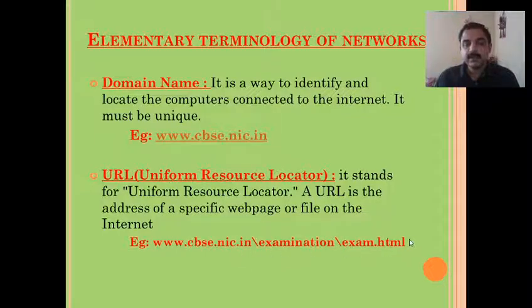So exam.html is a file which is under examination, which is under the domain cbse.nic.in. This whole address is called a Uniform Resource Locator, the complete path. Clear? So it is the address of a specific web page or file on the internet, the address of the file exam.html in this case. Clear?